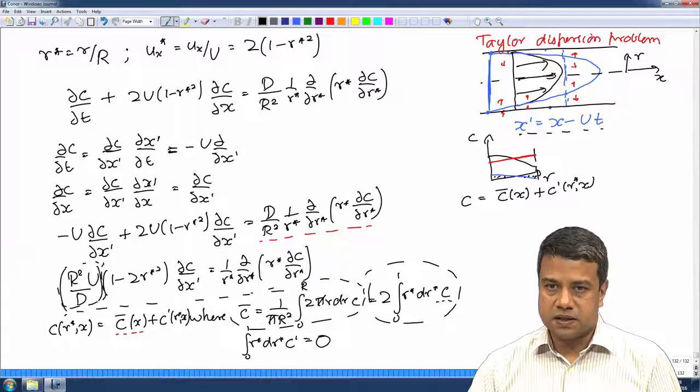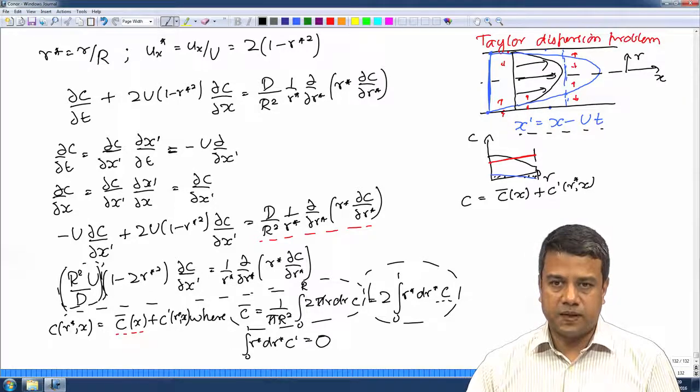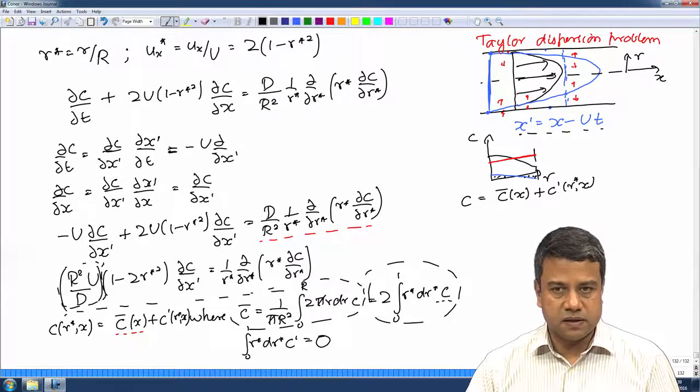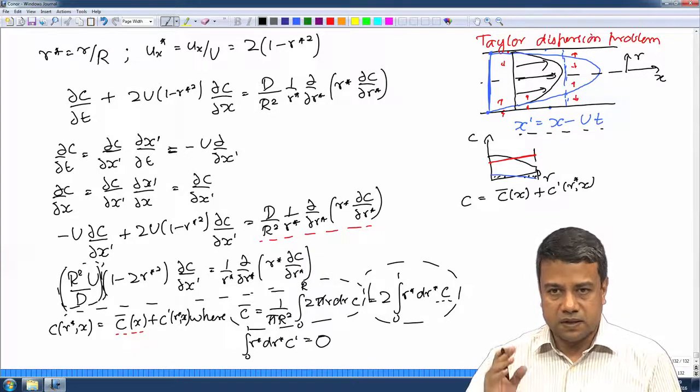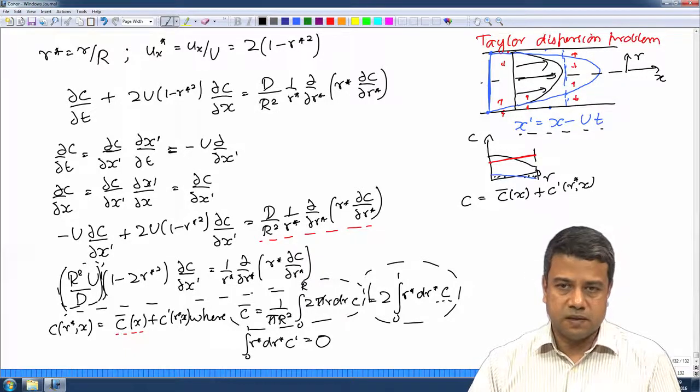C prime is the deviation from the cross sectional average concentration. Therefore, the cross sectional average of C prime has to be 0.